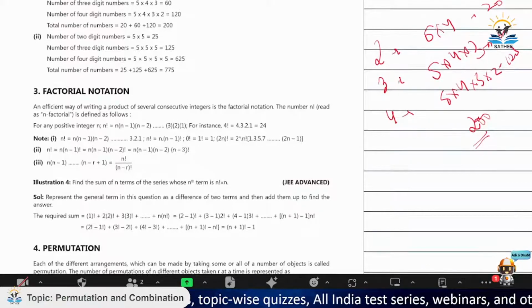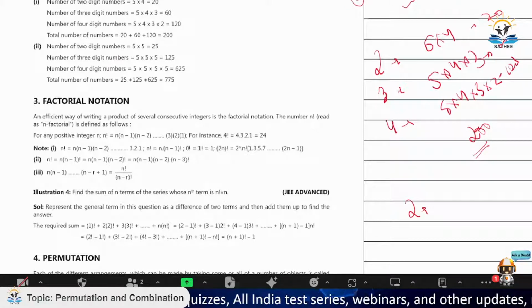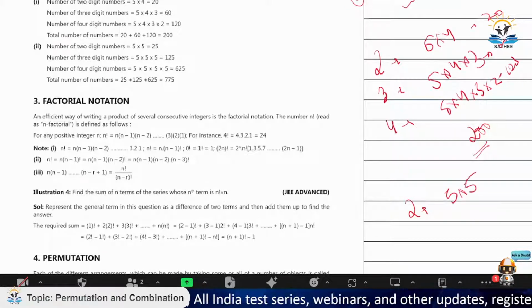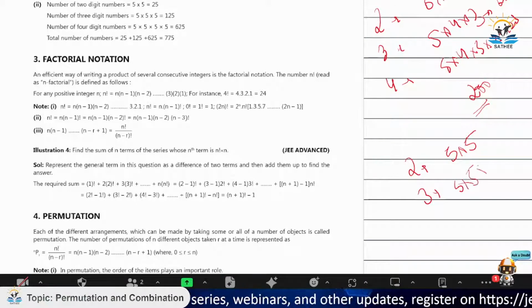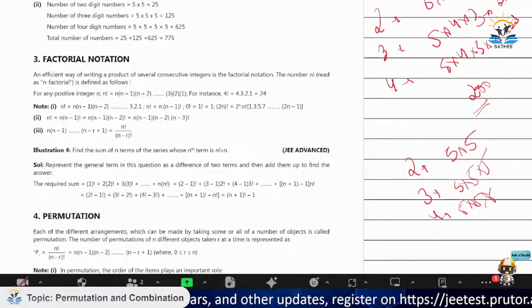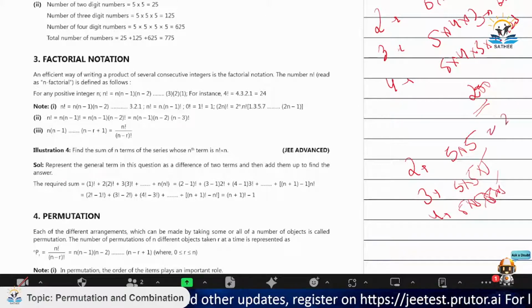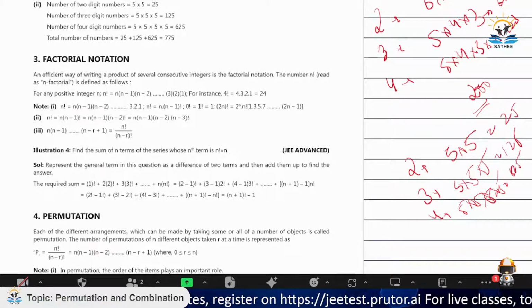Repeating this for the case where repetition is allowed, what changes here is the number of ways. So 5 into 5, because numbers can be repeated here, right? For three digits we have 5, 5, 5, and for four digits we have 5, 5, 5 into 5. This gives me 25, this gives me 125, this gives me 625.